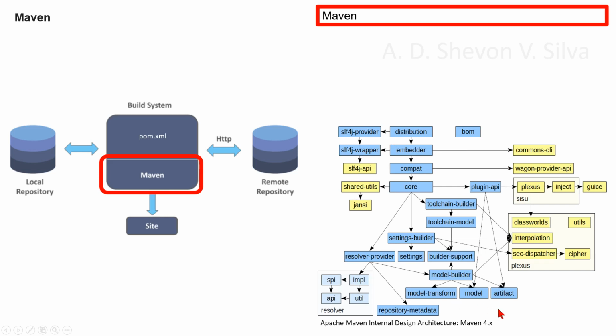Here is a diagram that shows the internal design architecture of Apache Maven. Apache Maven modules are labeled in colored boxes, and third-party modules are labeled in uncolored boxes. Here you can see a distribution.